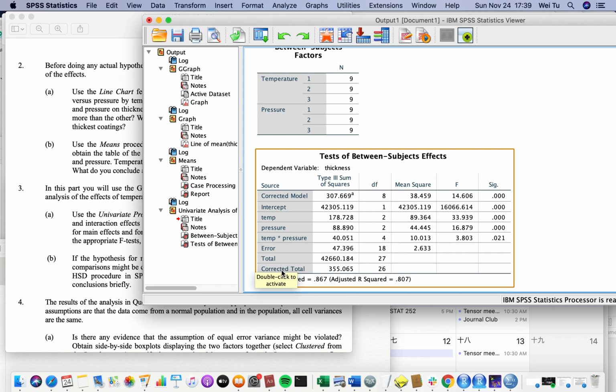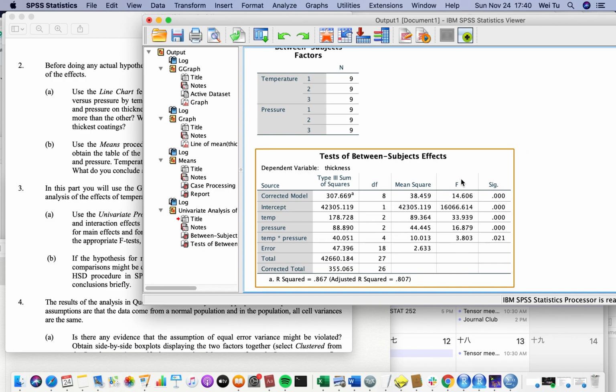And then the corrected total plus the intercept equals the total. So the total is 27, coming from 26 plus 1. Okay, so it's still a very organized table, but the relationship is slightly more complicated than the one we see in one-way ANOVA.